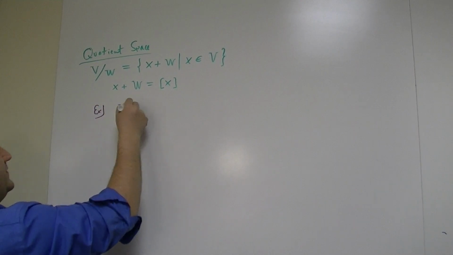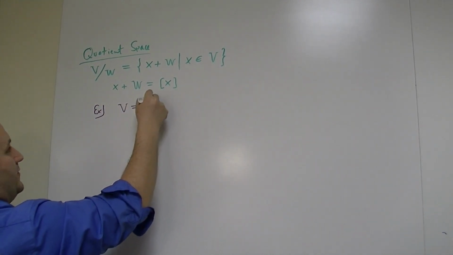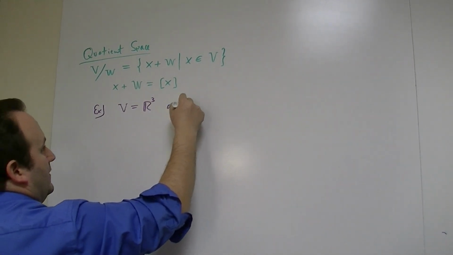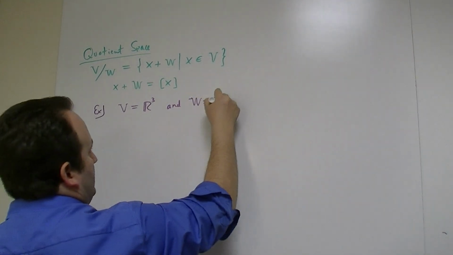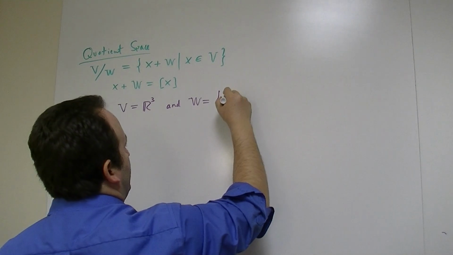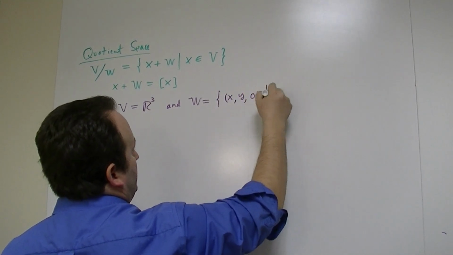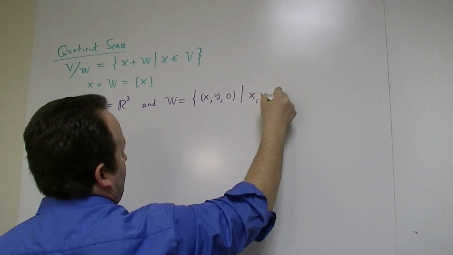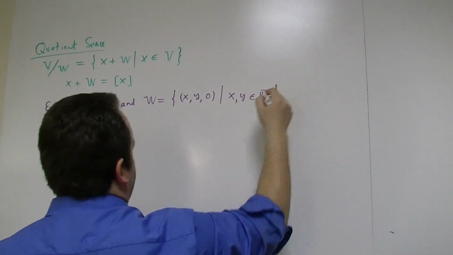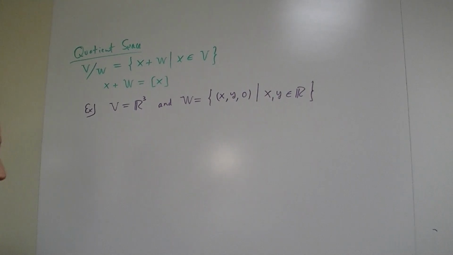So let's take V, for example, to be R3, and I'll take W to be the set, let's say, (x, y, 0) such that x and y are real numbers. I can draw a picture of what's going on here.